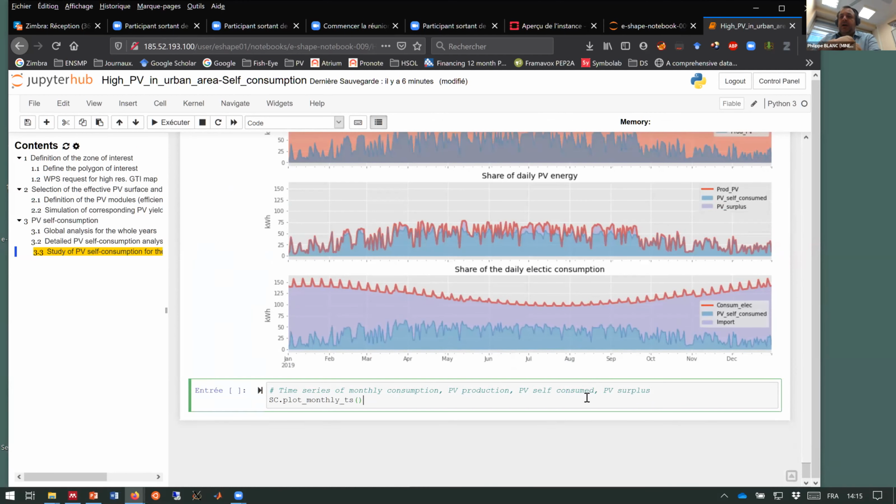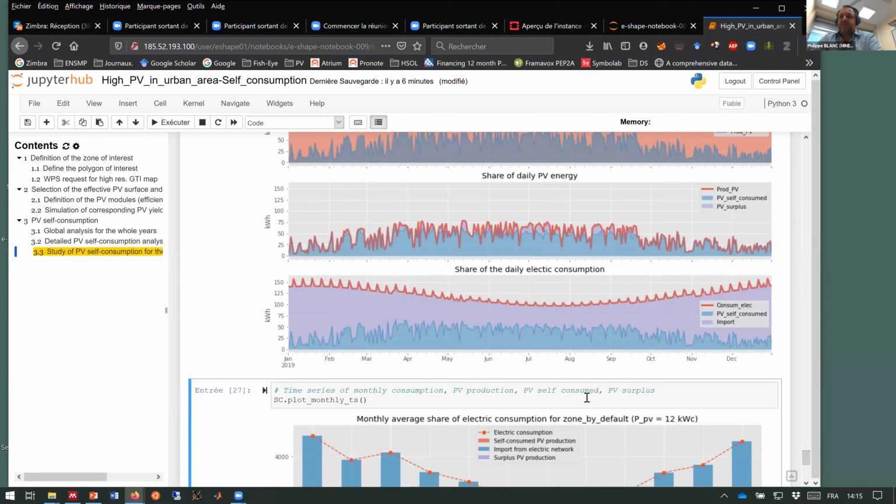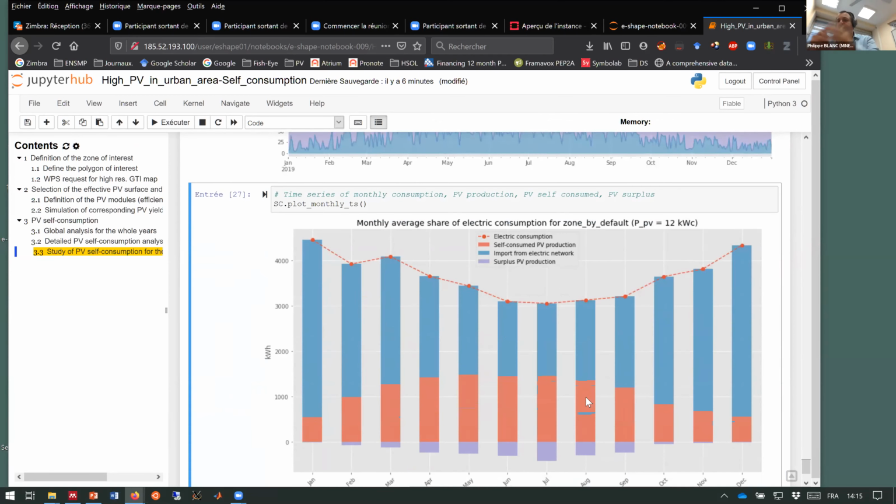And the same on a monthly basis, which is a nice figure to look at, and you can say, well, this is the profile of my consumption, this is the part of my consumption I have to buy, this is the part provided by my PV system, and this part is the one that has been exported by my system. If this one is too large, it means that maybe storage is of interest for you, but you also have to take into account the environmental impact of the storage, which is a part of the PhD and the book from Romain Besson.